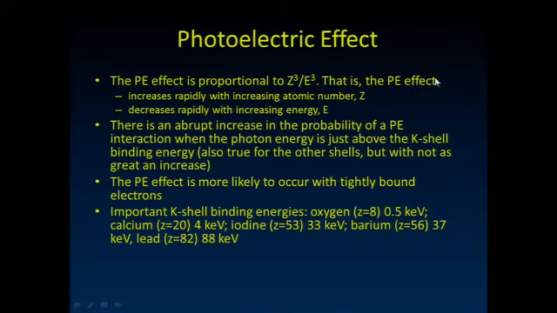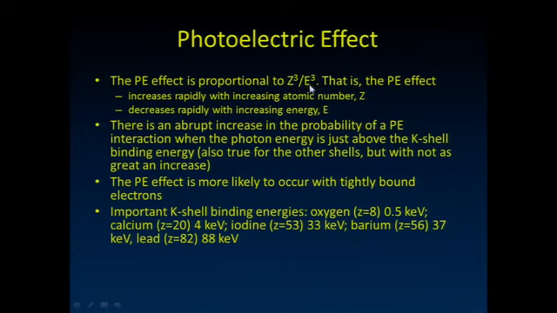The probability that the photoelectric effect is going to occur is roughly proportional to the Z cubed of the material divided by the energy cubed, okay? Divided by the energy of the X-ray cubed. So as the energy of the X-ray goes up, this drops off very quickly, right?